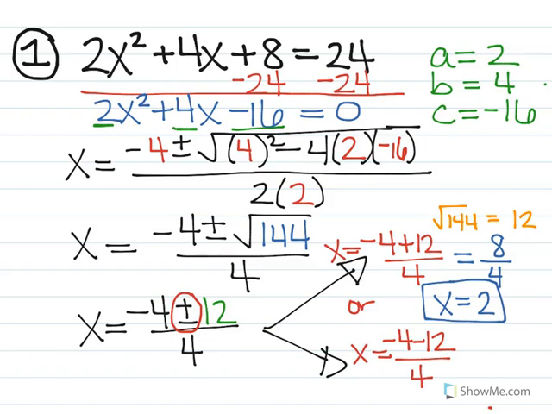Working with the other side, negative 4 minus 12 would give me negative 16, and negative 16 divided by 4 would give me an answer of x equals negative 4. So my 2 roots are x equals 2 and x equals negative 4.